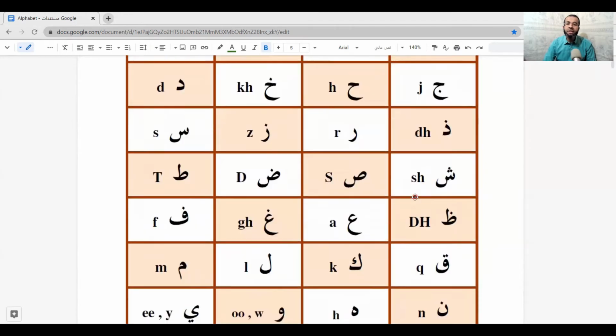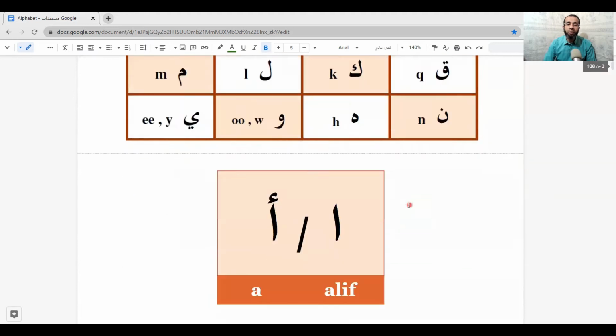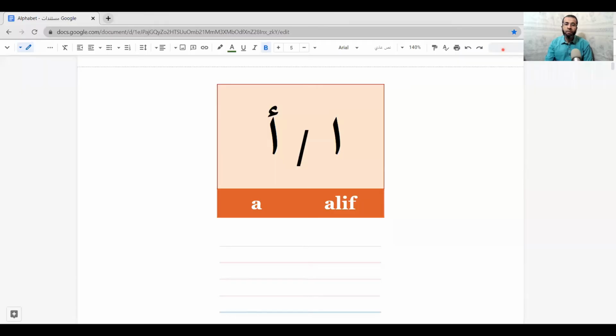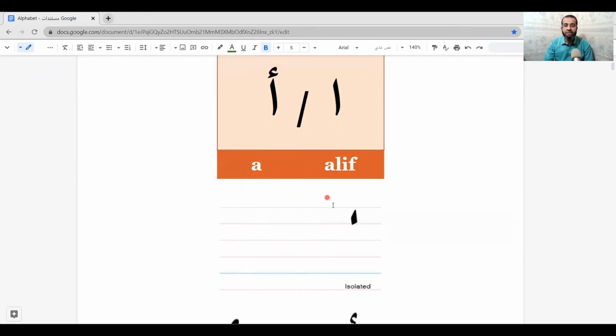Now, let's study these letters one by one. This is the first letter. It's called Alif. So its name is Alif, and its sound is A. It's written like this.